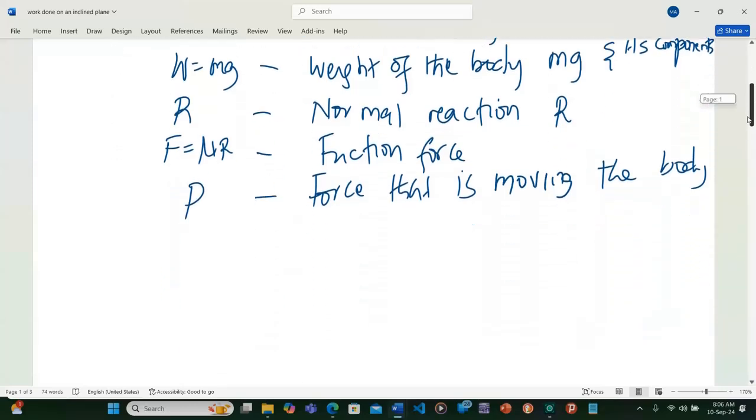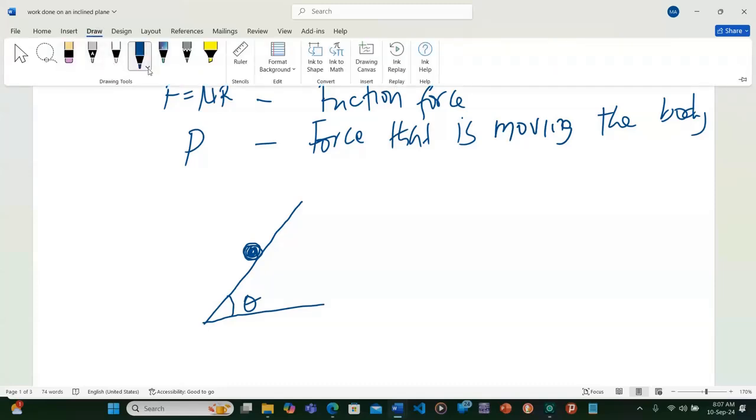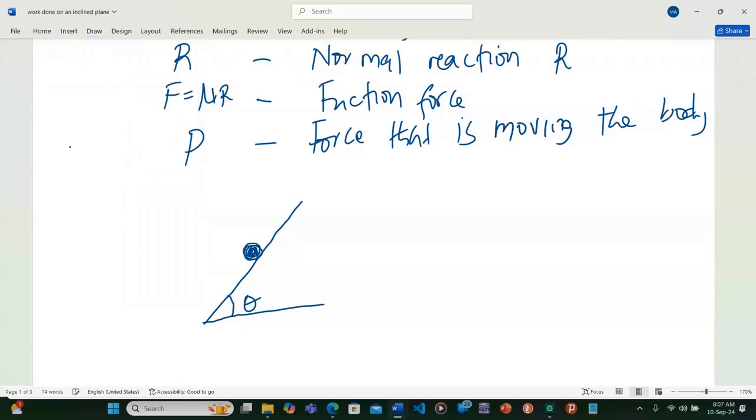Okay, so what we do, we are going to draw. Let this body be like this, in the form of a particle, and the plane is at an angle theta with the horizontal. So we are going to indicate forces. We have the force due to the weight of the body.